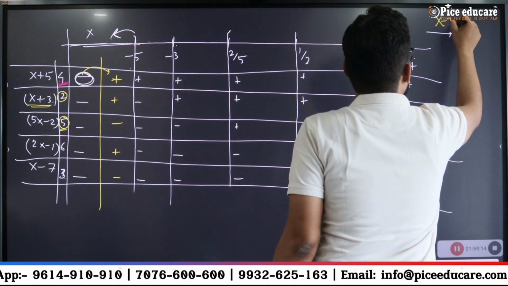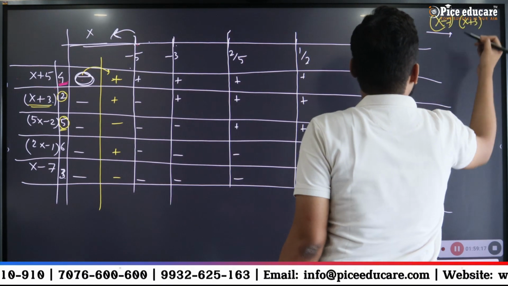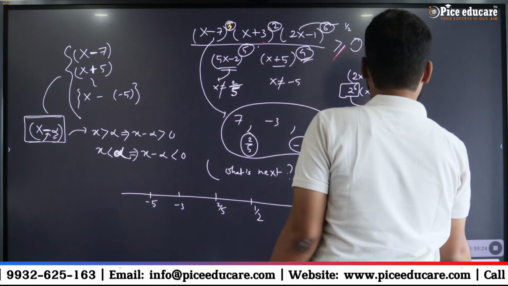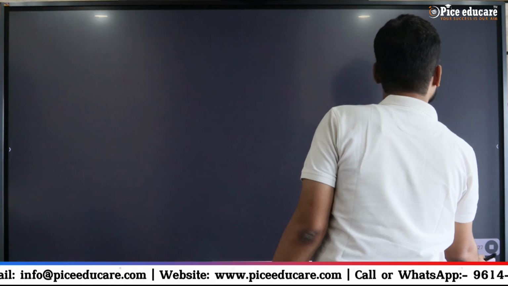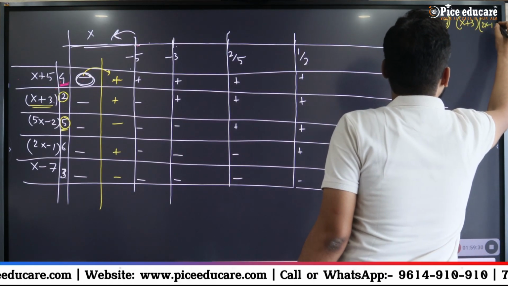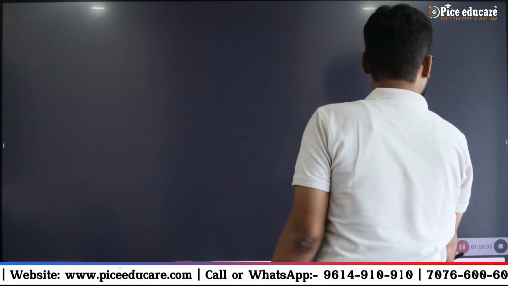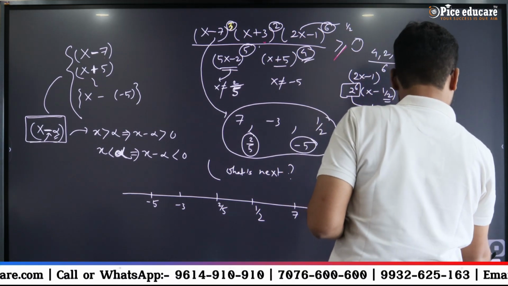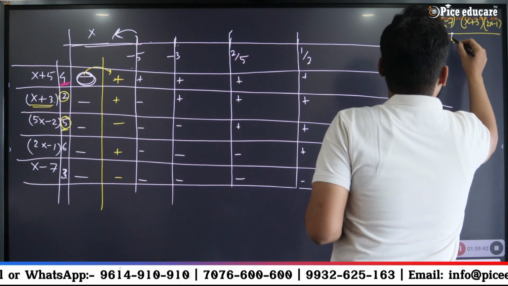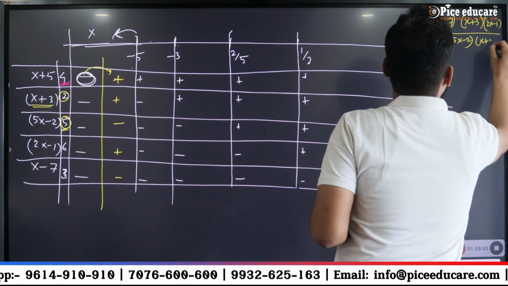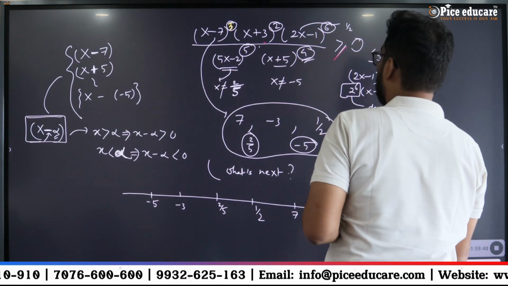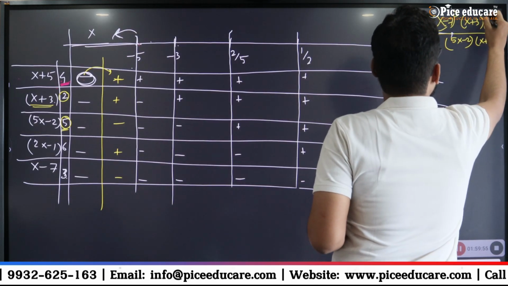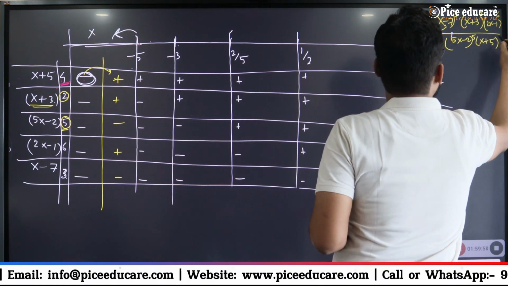Let's write it here. x minus 7, x plus 3, I had 2x minus 1, I had 5x minus 2 and x plus 5, and the powers were 3, 2, 6, 5 and 4.